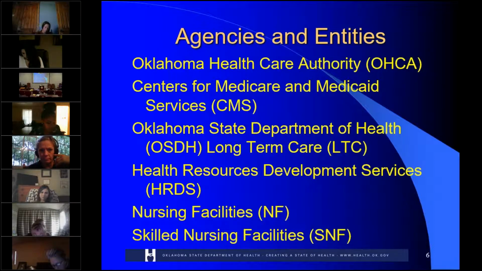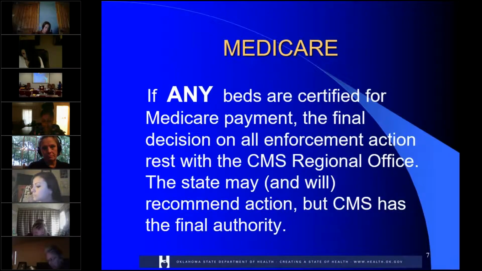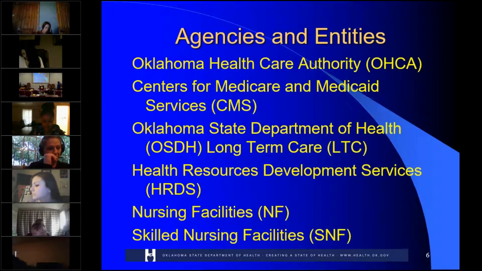For your provision of Medicaid. Centers for Medicare and Medicaid Services. Oklahoma State Department of Health. So we actually do your survey and recommend the enforcement. And then Health Resources Development Services. This is who issues your licenses.